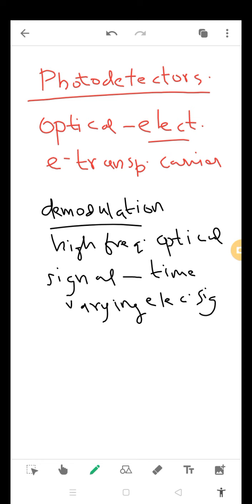So some sort of integral transform takes place. Basically it's a Fourier transform from frequency to time that is causing this demodulation to take place.